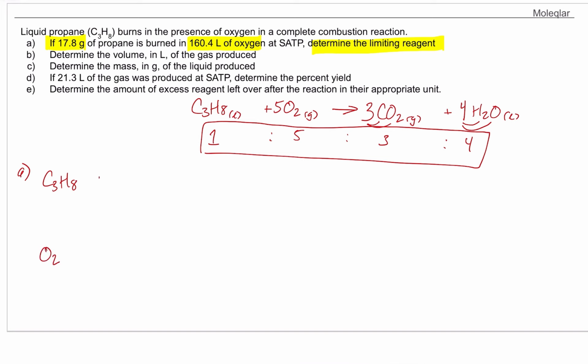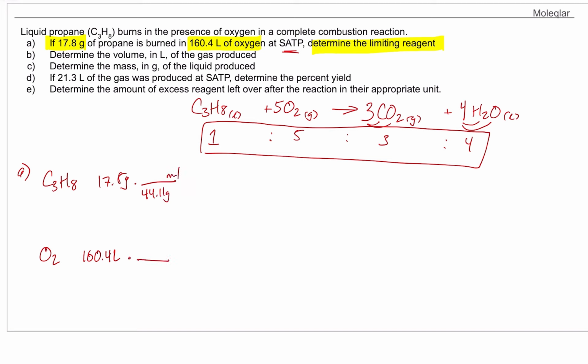Now we have 17.8 grams of this, and we have 160.4 liters at SATP. So we can use our molar volume to convert liters into moles if we know if it's at SATP or STP. So we need the molar mass for the propane, which is going to be 44.11 grams per mole.